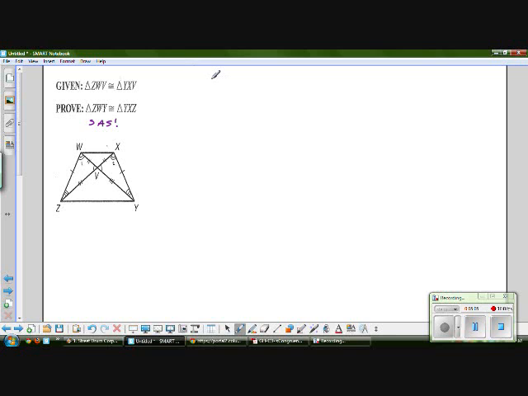If we know that triangle ZWV is congruent to triangle YXV, because it's given, I know that this generates a whole lot of information for us. We know that, and again, we've got to be careful here because I marked my diagram differently.